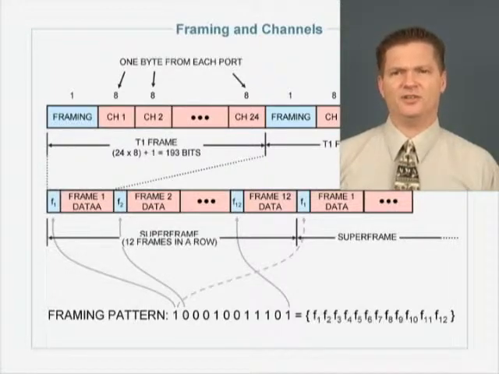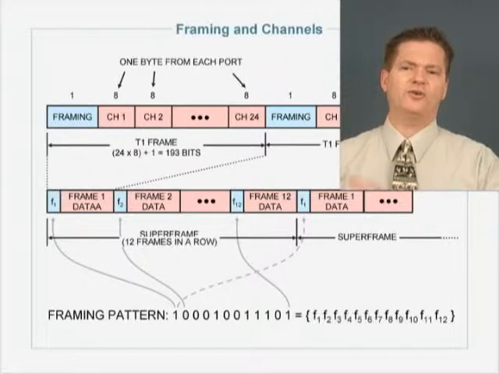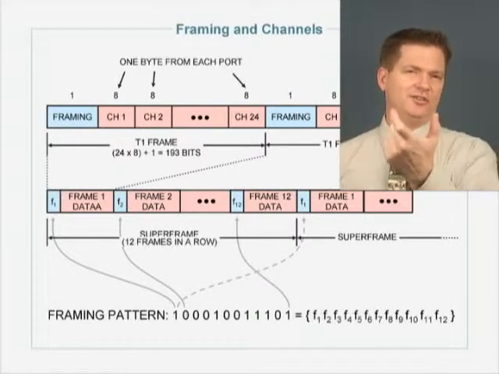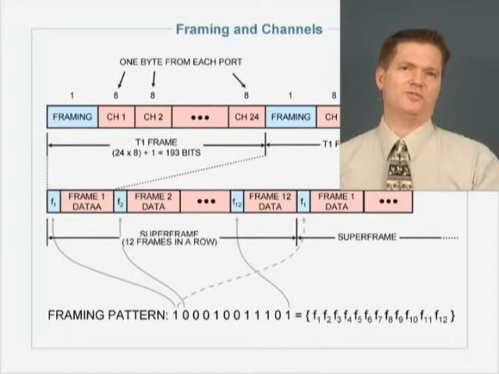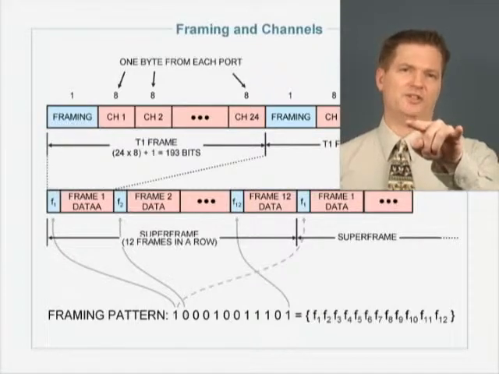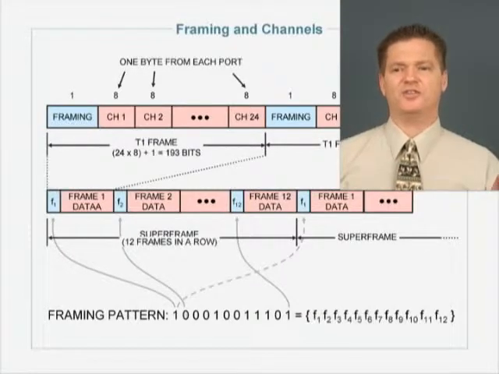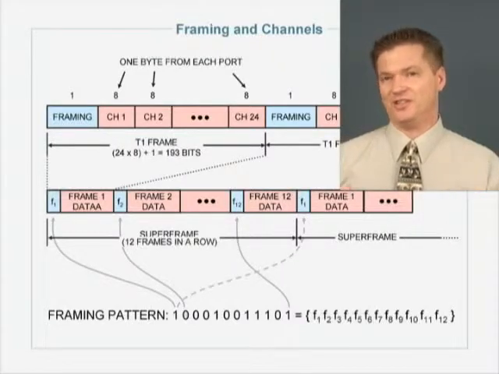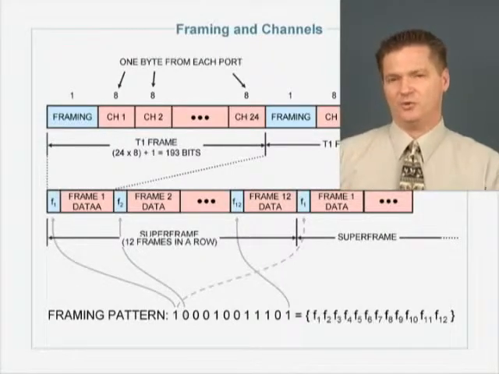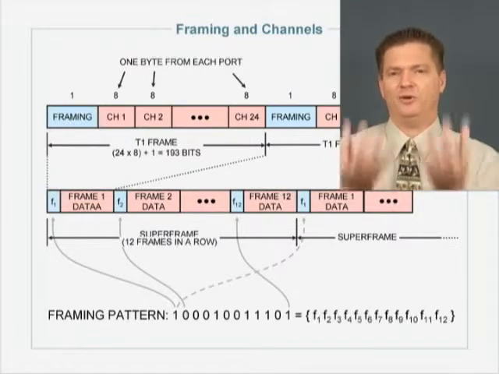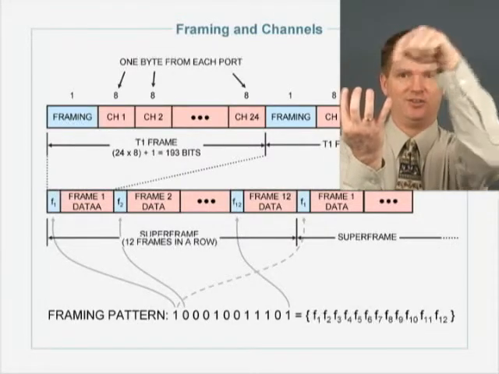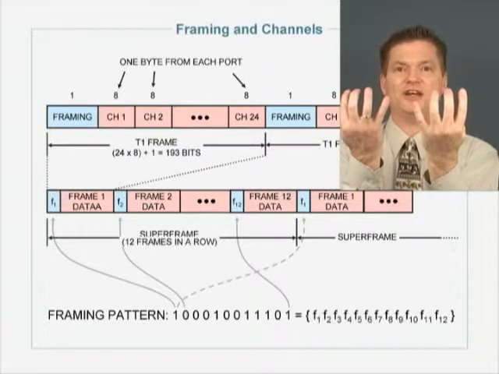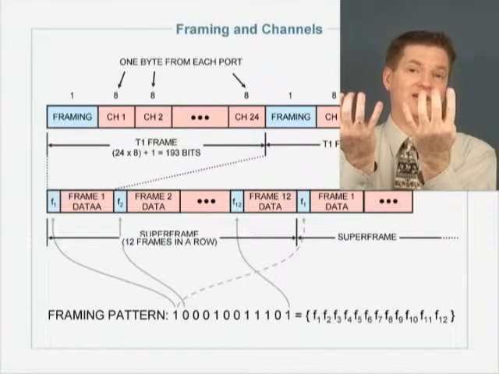At the receiver, when we first turn our power on, we know that the T1 frame is 24 bytes with one framing bit. That's 24 times 8 plus 1. It works out to being 193 bits long. So at the receiver, what we would do is bring in some data and then look every 193rd bit and say, do we see that standard framing pattern sitting in the data?